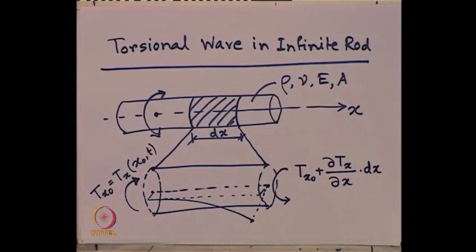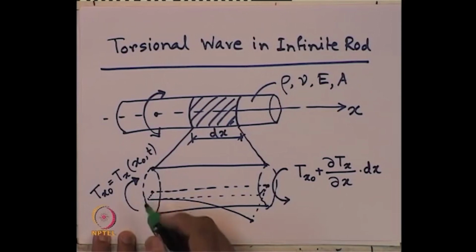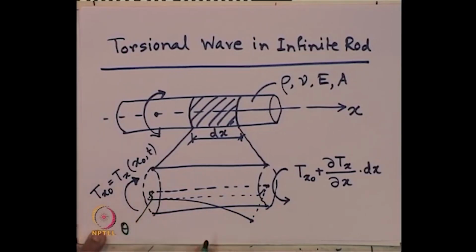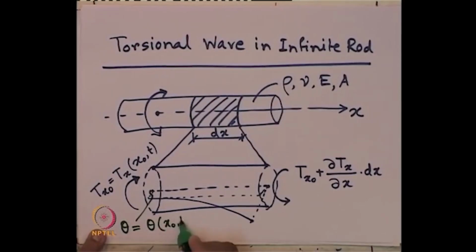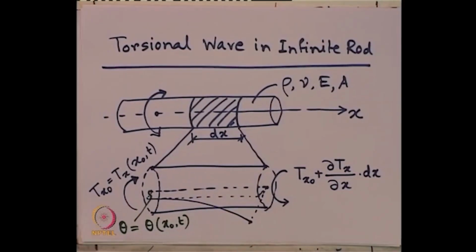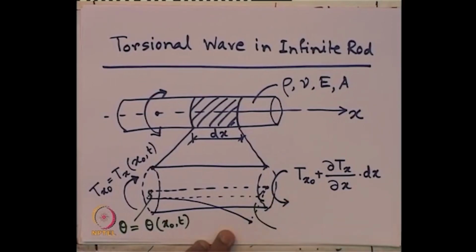Now, this is about the torsional force, or the torsional stresses, which I am considering. Now, corresponding to the rotation or the displacement at this end, let us say the rotation is theta, which is theta as a function of x naught and t at this end. Whereas, at this point there is a change in theta, as you can see.